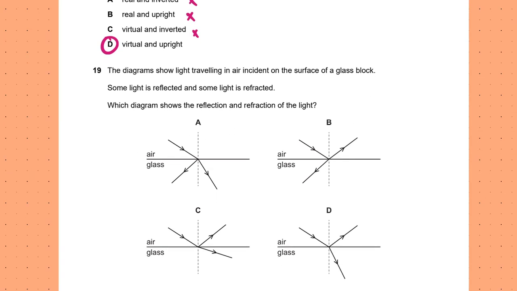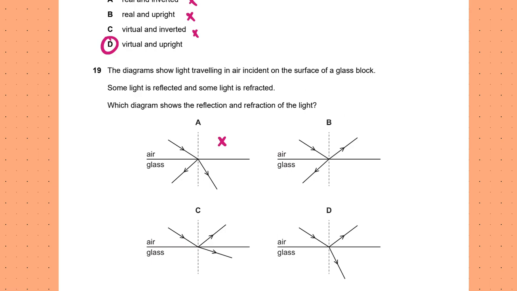The diagrams show light traveling in air incident on the surface of a glass block. Some light is reflected, some is refracted. Which diagram shows the reflection and refraction of light? So reflection is shown properly not in A, because if this is the boundary, the light must go like this. So it's definitely not A. And then it could be either of B, C, and D, because reflection is shown correctly here, right?